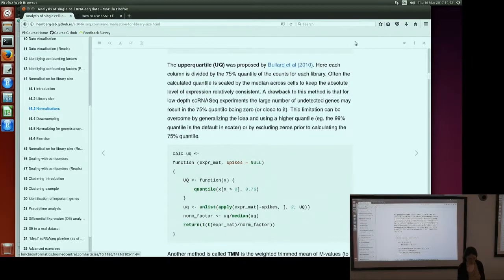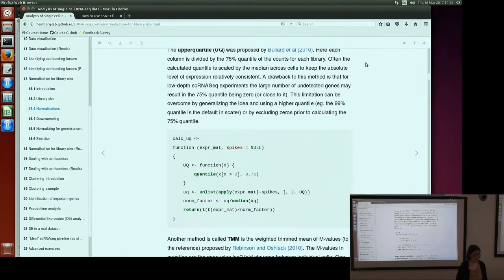Another method is the upper quartile method. Basically, you calculate the 75th quantile, so the upper three quarters of the counts in each cell, and then normalize using that as the denominator. Again, this works very well in bulk RNA-seq methods, but if you have very shallow sequencing, particularly in, say, a Drop-seq type experiment, then the upper 75% quantile in some of your cells will be a 0, which obviously doesn't work because dividing by 0 will give you an error.